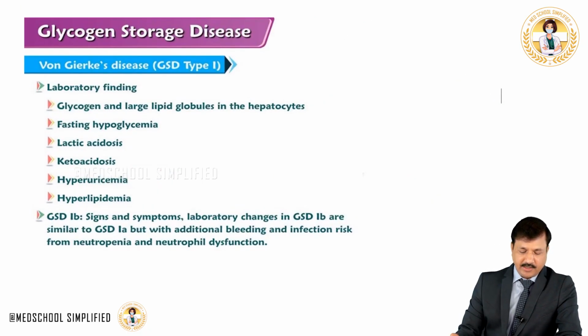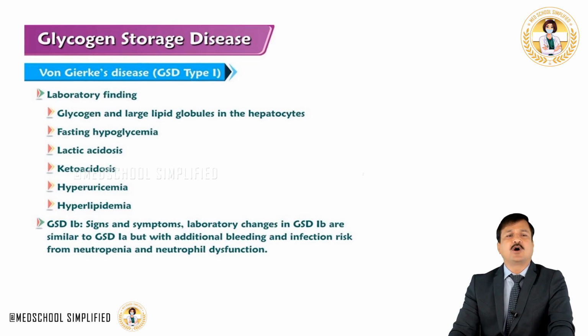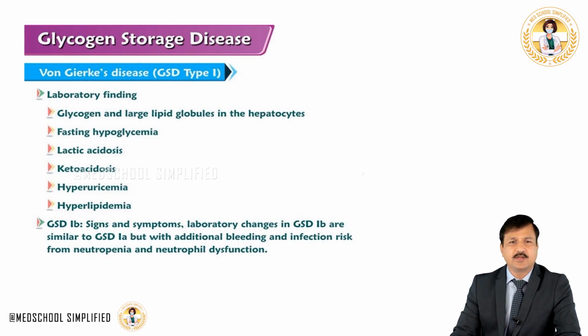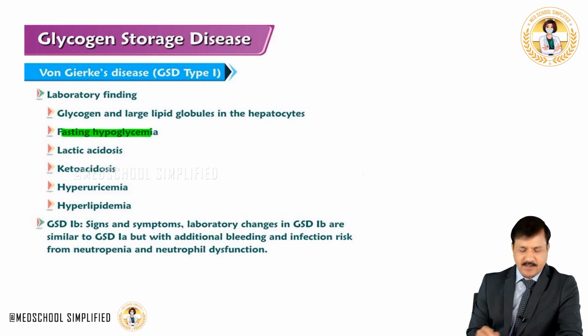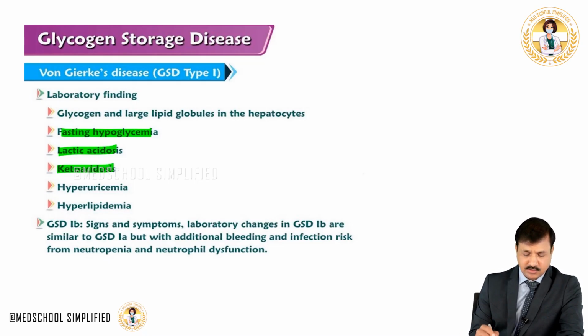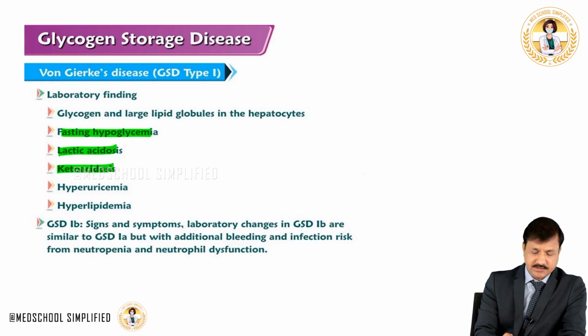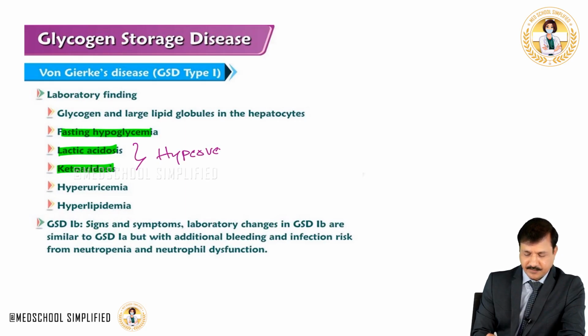Now, coming to laboratory findings that are seen in MAJ disease type 1A. Glycogen and large lipid globules are accumulated in the hepatocytes. Patients will show fasting hypoglycemia, lactic acidosis, ketoacidosis, together giving rise to metabolic acidosis, and the metabolic acidosis will lead to hyperventilation.